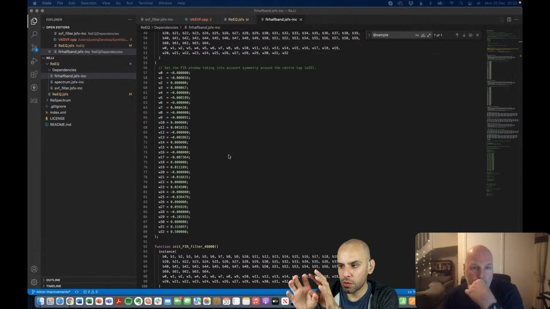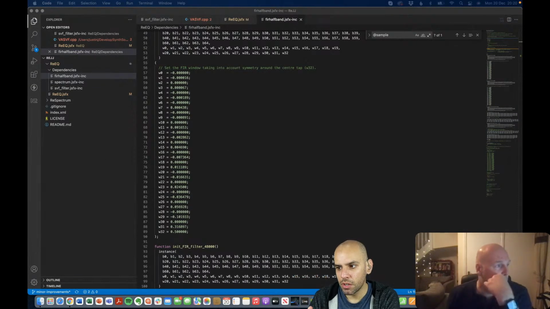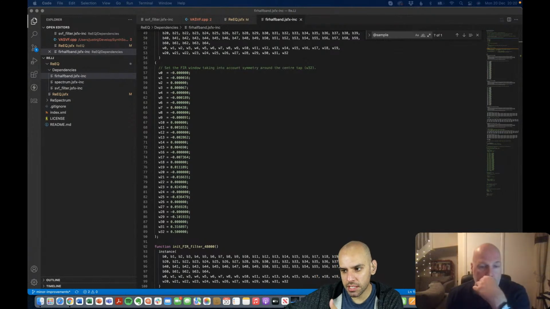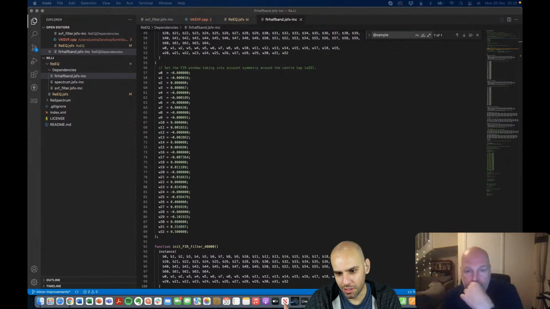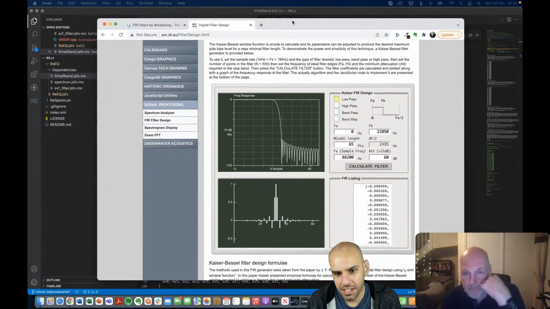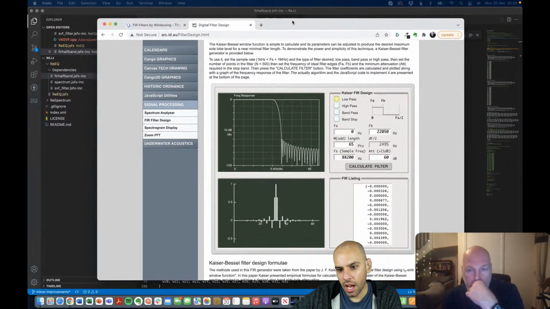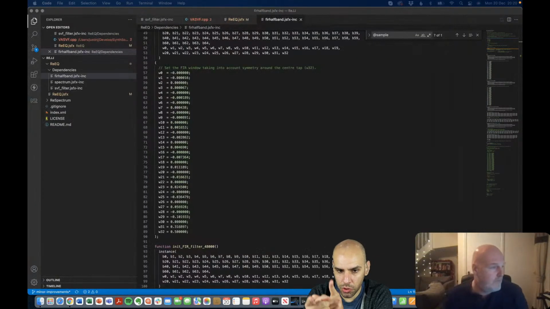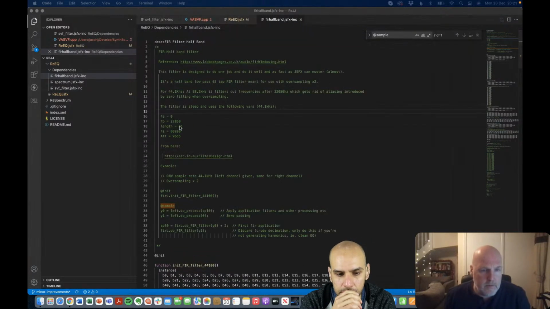Then you downsample on the way out, and before you downsample you have to get rid of frequencies above the Nyquist frequency of the target. So if you are going to downsample to 48, you have to get rid of everything above 24. And that's the filter that you use to do that. So we are starting at the end, at the downsampling stage.